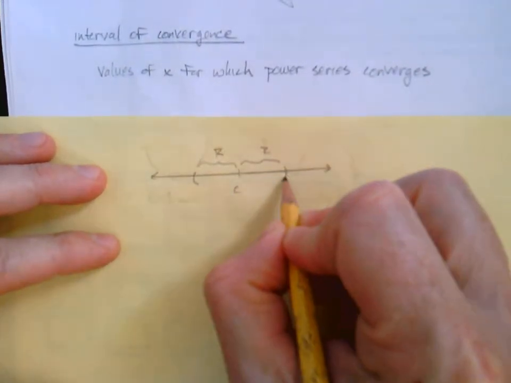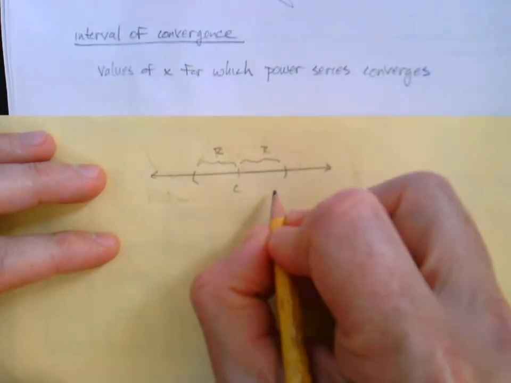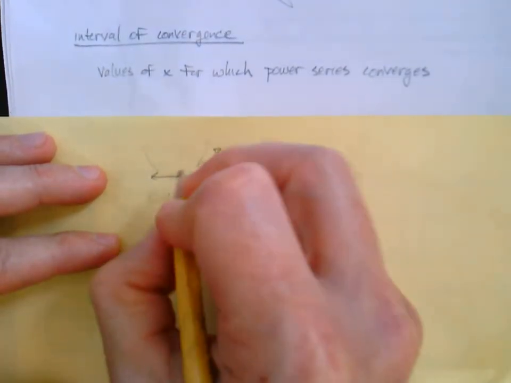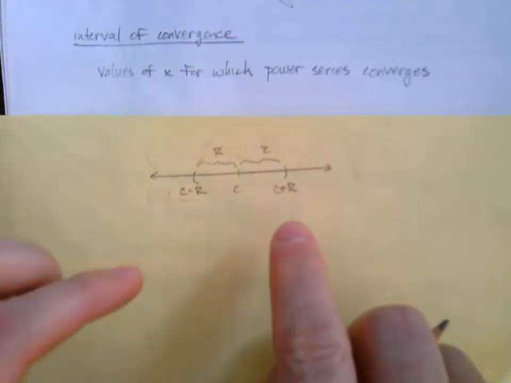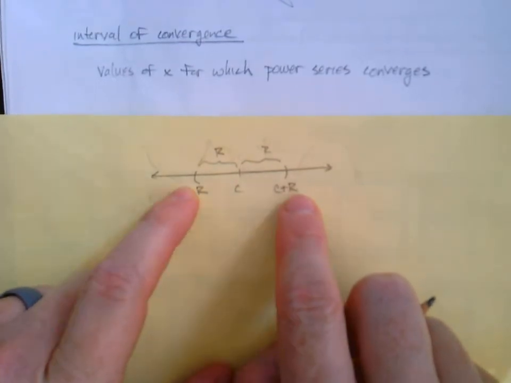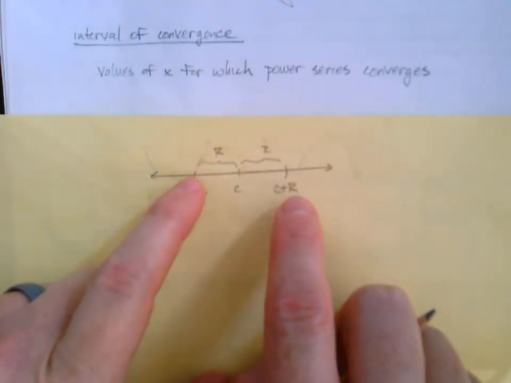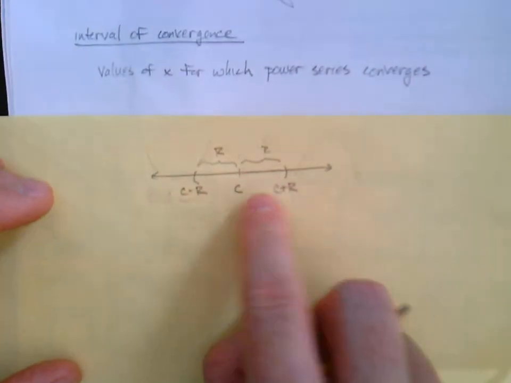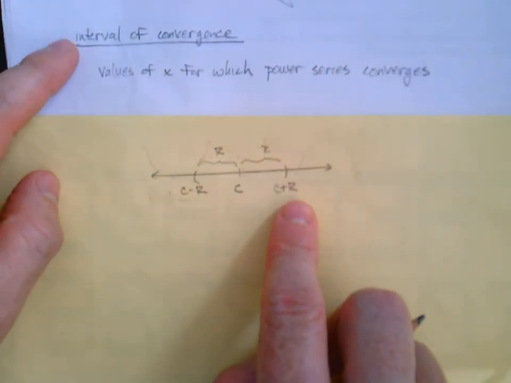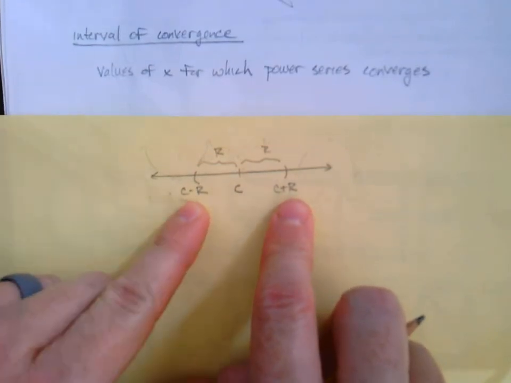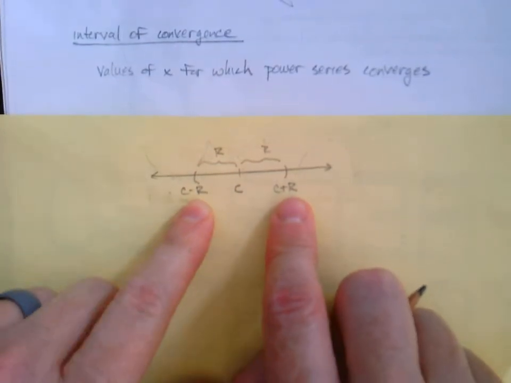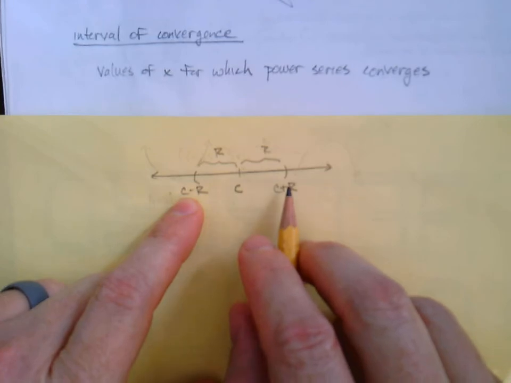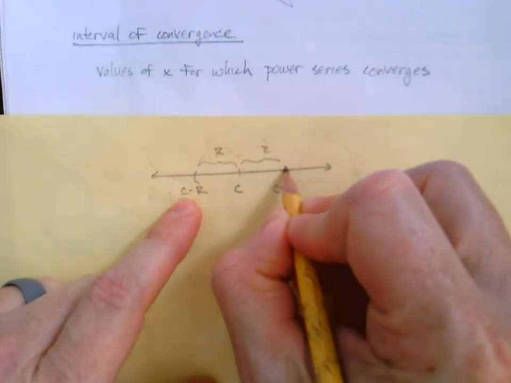So if you thought, okay, if I move this direction r, then that's c plus capital R, and this is c minus capital R. So we're going to find what these numbers are. We're going to find the radius. We're going to find where these occur based on where we're centering, and that's going to lead us to the interval of convergence. Now, one thing, we have not mentioned what happens at the endpoints.